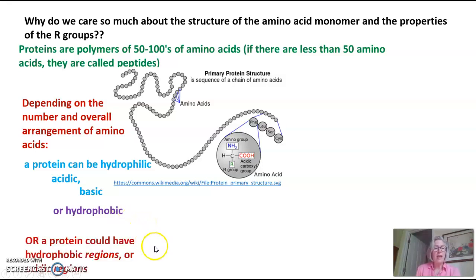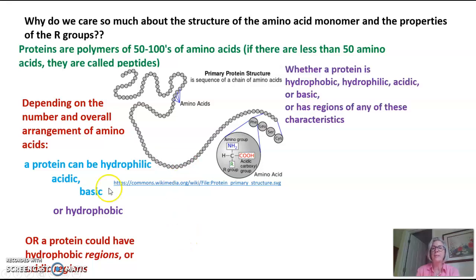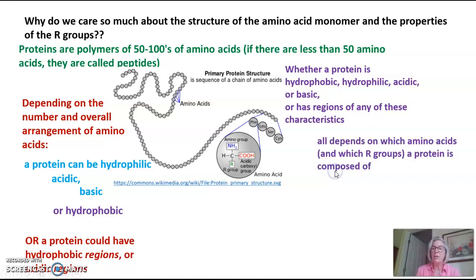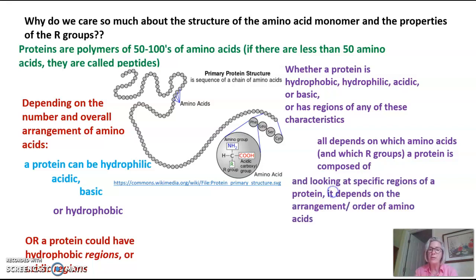In another way, the protein could have hydrophobic regions or acidic regions, depending on where these amino acids with the different R groups are in the arrangement of amino acids in the protein. So whether a protein is hydrophobic, hydrophilic, acidic, basic, or just has regions with any of these characteristics, it all depends on which amino acids with which R groups a protein is composed of.